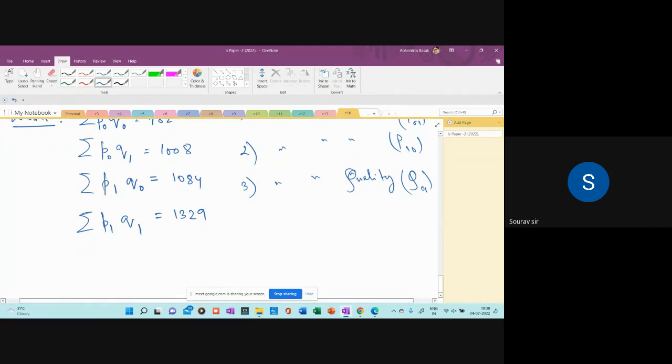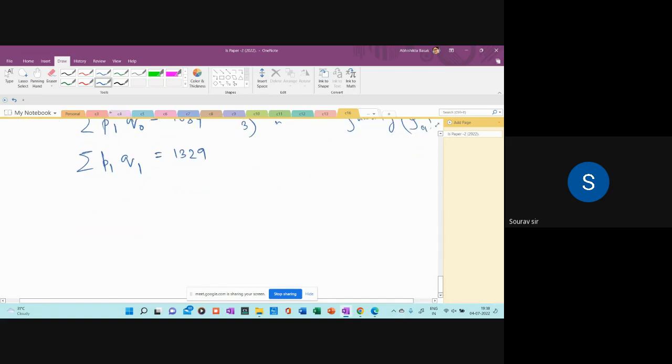What are the formulas? Can you tell me what is Fisher's ideal index? If you can remember, I told you Fisher's index is basically based on Laspeyres and Paasche's index.